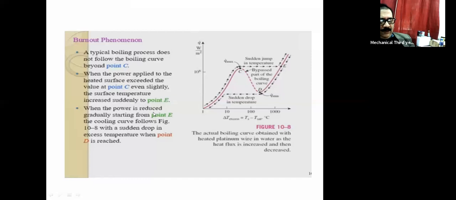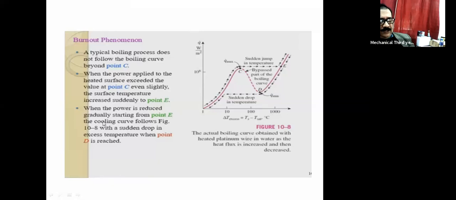Now, when the power is reduced gradually, this is with respect to power reduction. If you are using an electrical device, if you increase the power, then the process goes like that, and you can decrease the power also. On that basis it has been mentioned as the power applied to the heated surface.